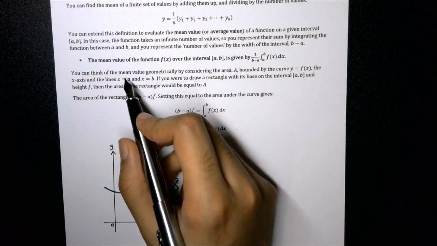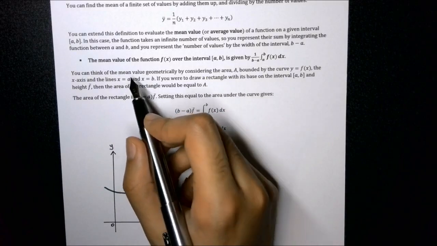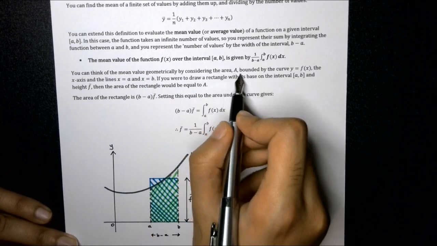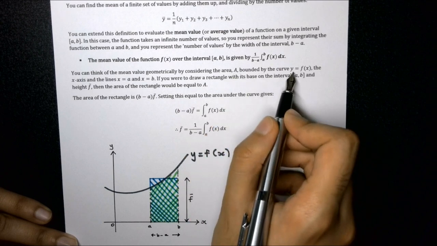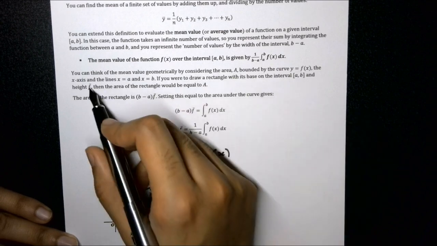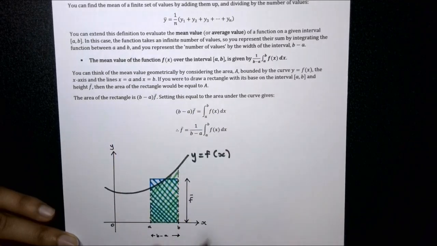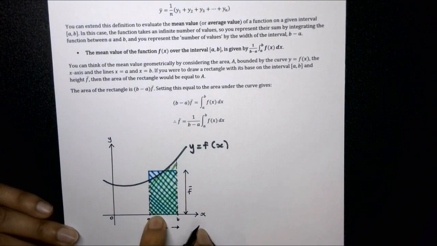And let's take a look at the reason why that is. You can think of the mean value geometrically by considering the area A bounded by the curve y equals f of x, the x-axis and the lines x equals a and x equals b. And you see that shown in green over here.